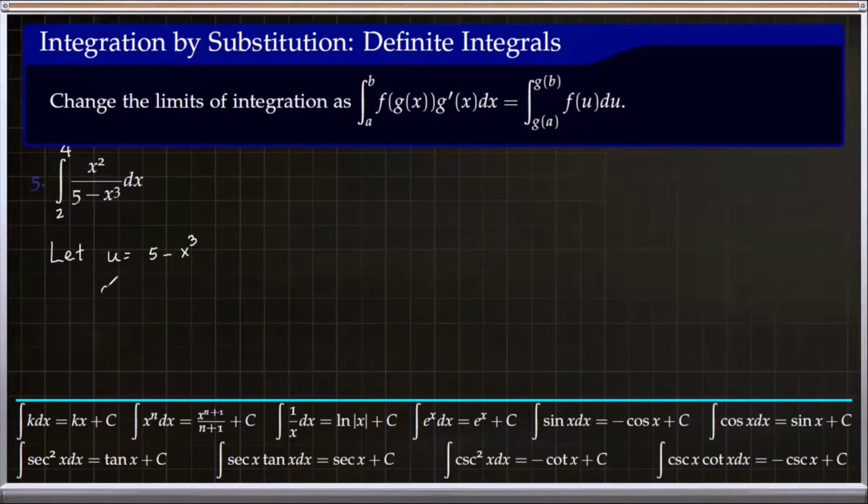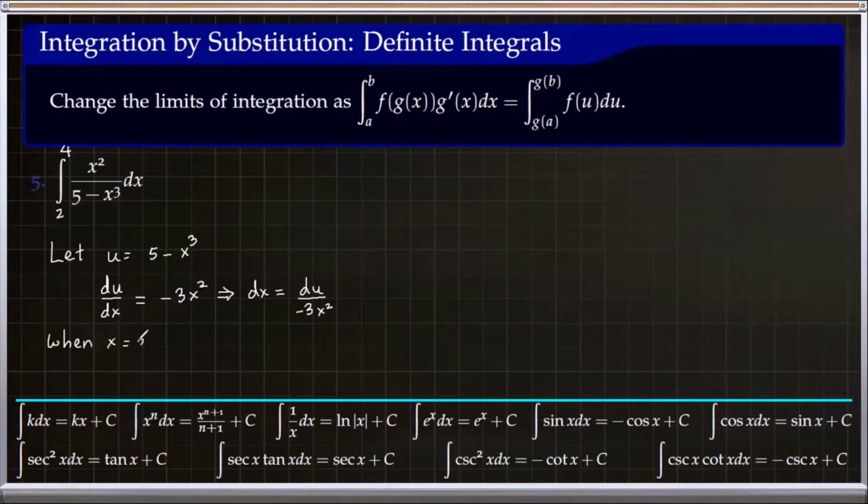So once you have that, you want to find the derivative du by dx so that you can express dx in terms of du. Then this will give us dx equals du over negative 3x squared, solving for dx. We also need to write the limits in terms of u because these limits are for x.